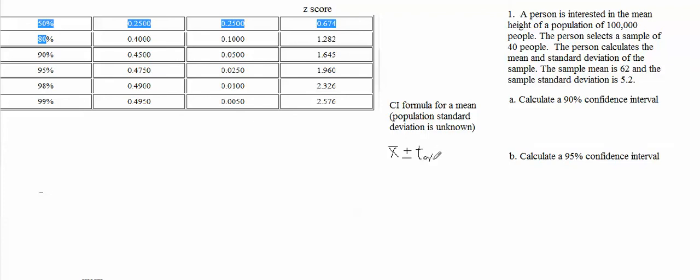This alpha over 2 is just a subscript. What this subscript is saying is that this is the value that's at the upper boundary of the middle area, meaning it's not just any z-score or any t-score, it's the value at the upper boundary of the middle area, meaning it's the confidence coefficient.